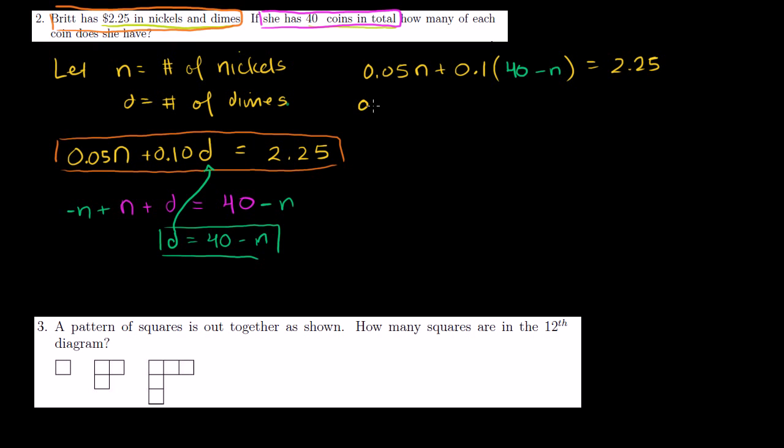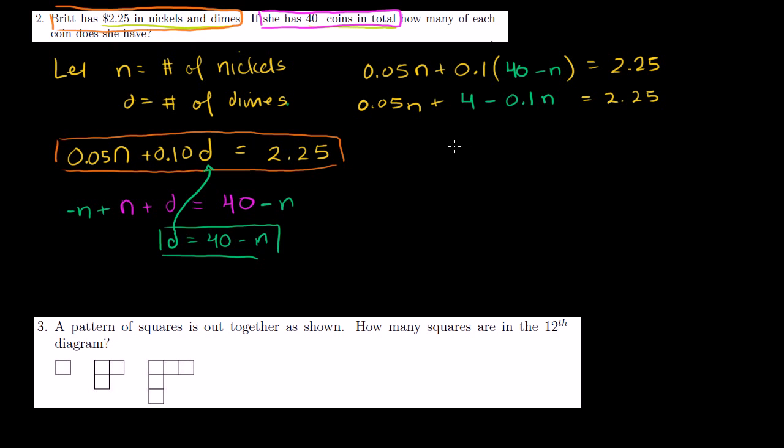So we get 0.05 n plus 0.1 times 40. That is 4. Let me show you that I'm distributing it. So 0.1 times 40 is 4, minus 0.1 n, equal to $2.25. And then what can we do?